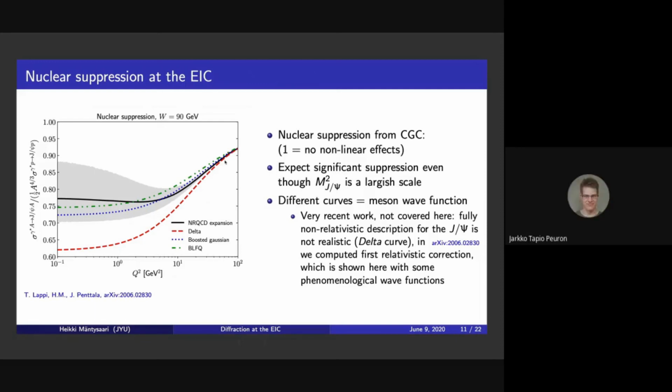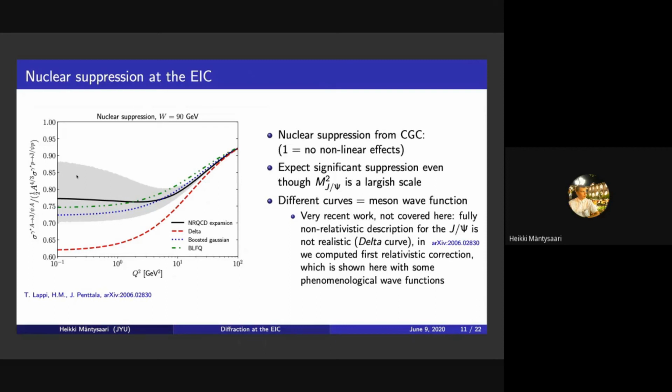Okay, because this is what I was wondering: how do you quantify the uncertainty, because you need to plug in a function which you don't quite know. So actually, in this solid line, the only calculation that has an uncertainty band, the band comes from the fact that this is based on non-relativistic QCD, including the first relativistic correction.